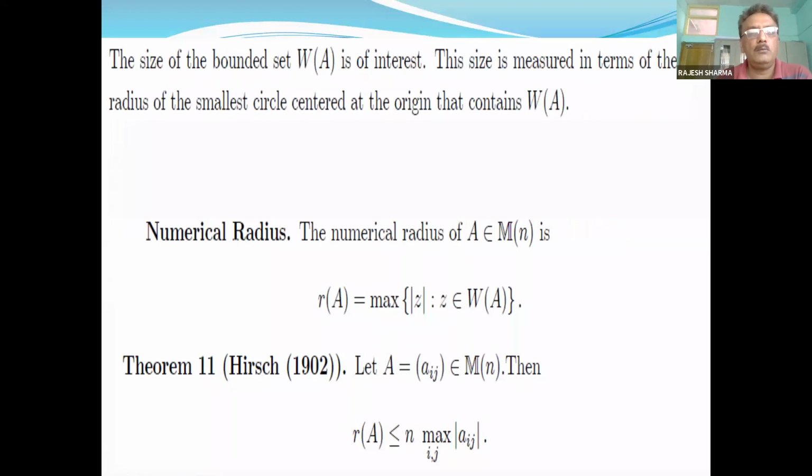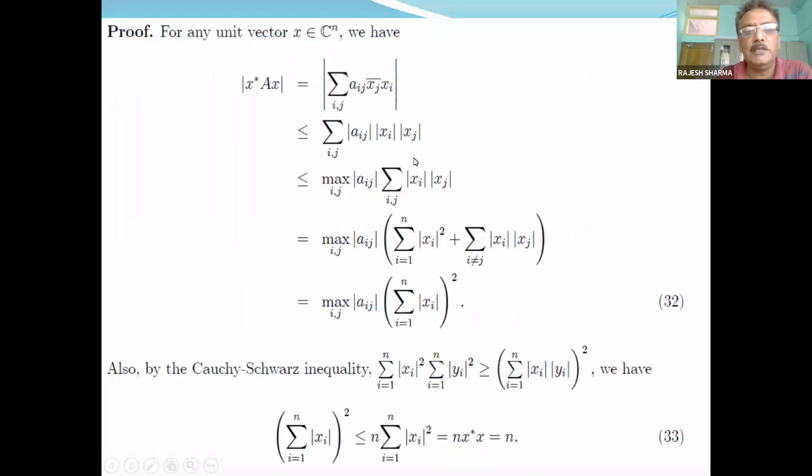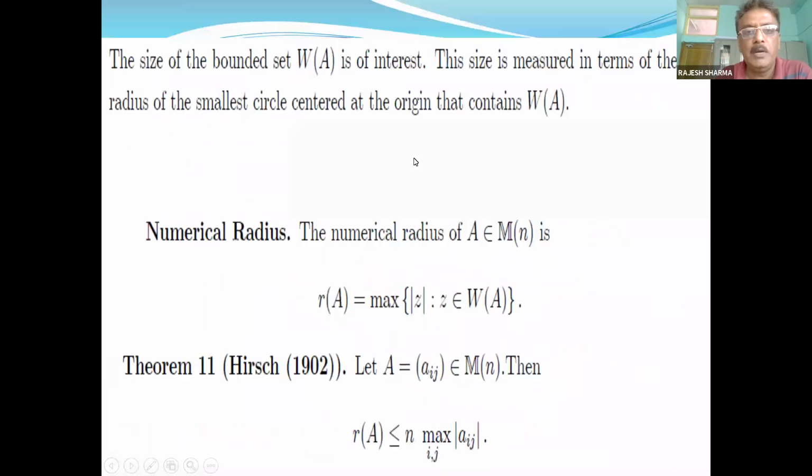Now, the numerical range is a compact subset of the complex plane. It is bounded, therefore its size is important. Its size is measured in two ways: one, numerical radius, and second, diameter of the numerical range. The diameter of the numerical range we will study tomorrow in connection with linear maps.